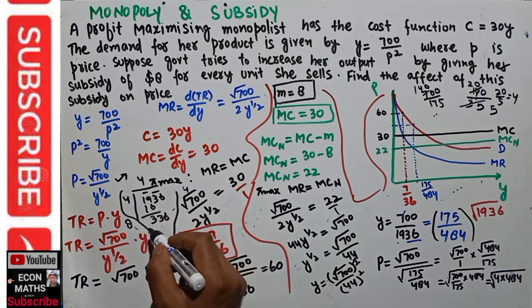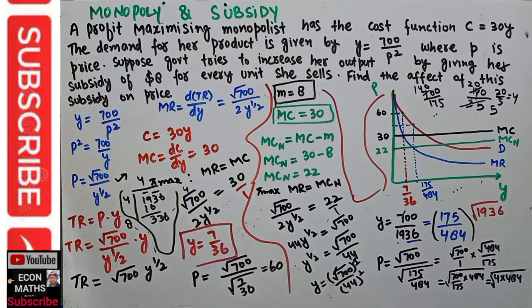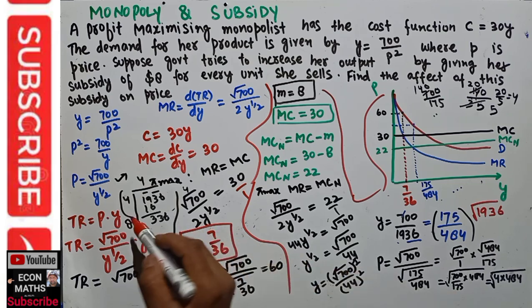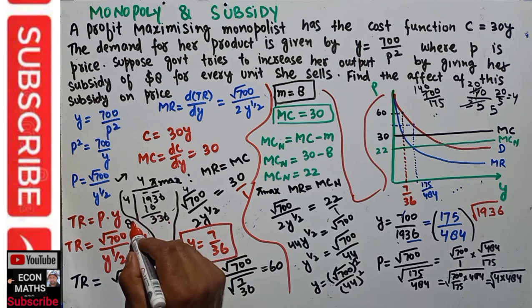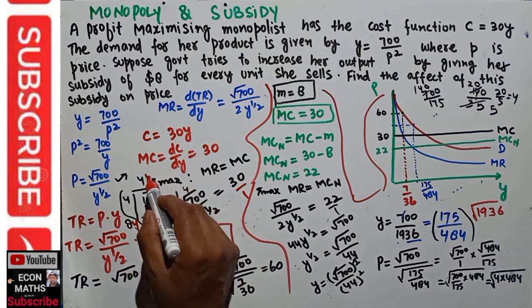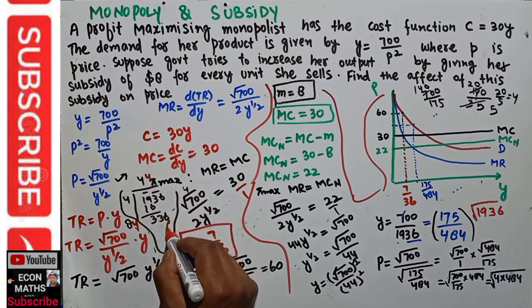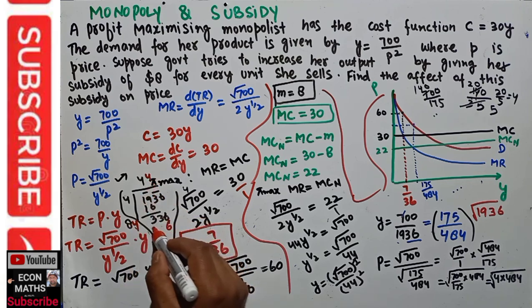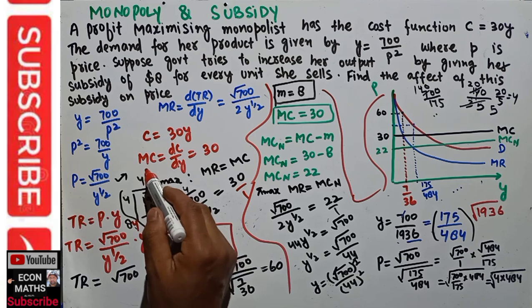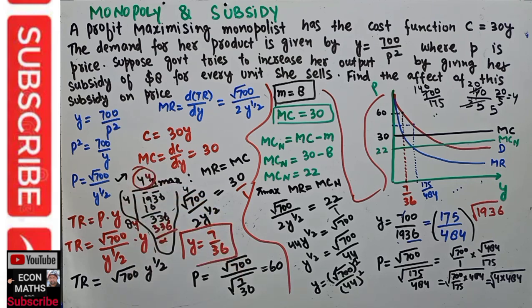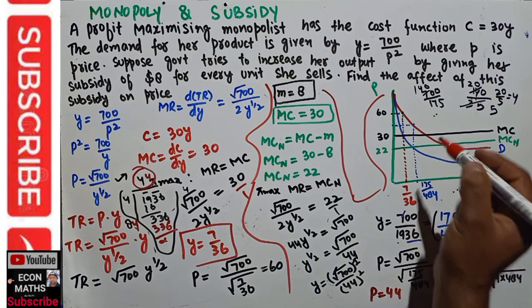It will become 8. So here we have 6. So we can write 84 into 4, because 4 4s are 16, 4 8s are 32 and 33. So we got 44 as the new price. Okay, so please check yourself also. So we got the price is $44.